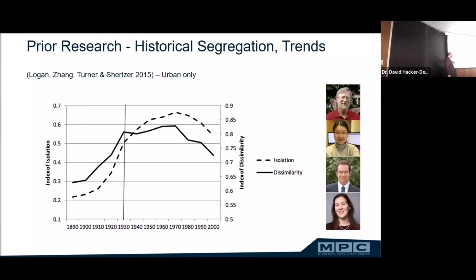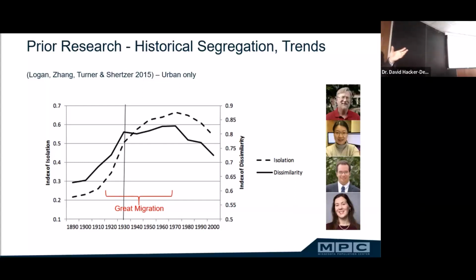But late 19th century, early 20th century, this is where my earlier perception of very low racial residential segregation comes from. And it's not until the Great Migration that begins from the rural South to the urban North of Blacks, maybe 6 to 10 million, depending on how you want to count.